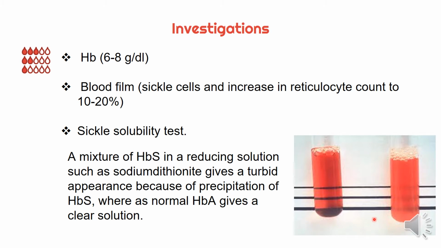If you can see here, this is HbS, a turbid solution, while this is HbA, which gives us a clear solution. You can see the lines behind the tubes. So this is an HbA, and this is an HbS.